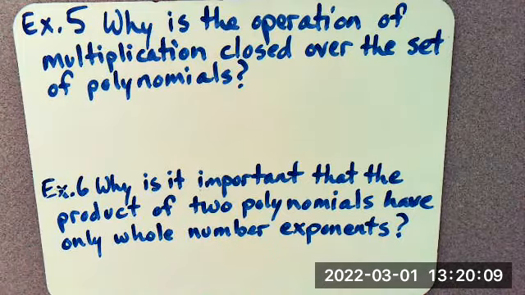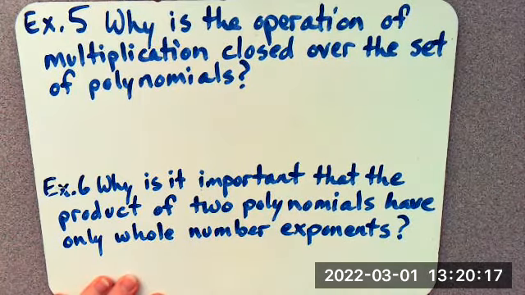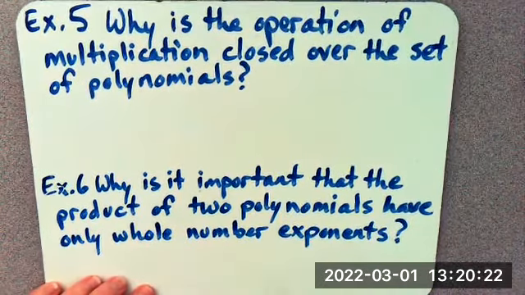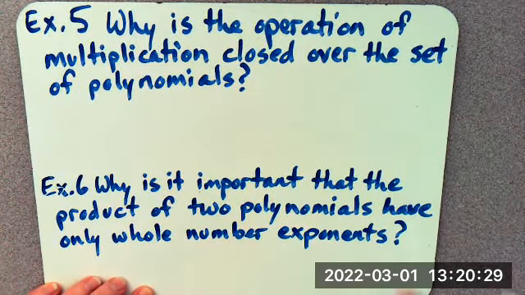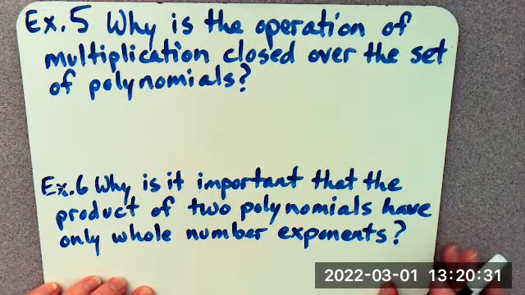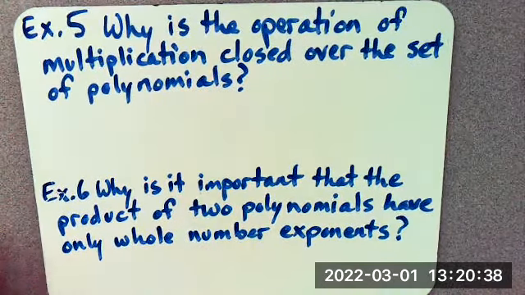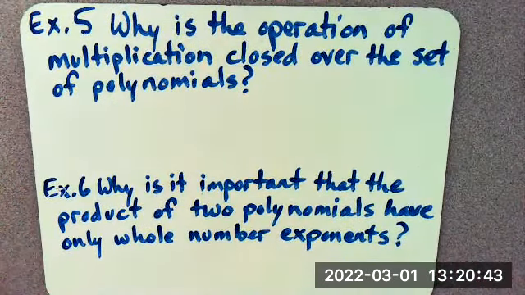If you're multiplying polynomials, our exponents will be adding, and adding whole numbers is also a closed operation. So we're still going to get a whole number exponent. You can't have a fractional exponent, because as soon as you have a fractional exponent, it's not a polynomial anymore.